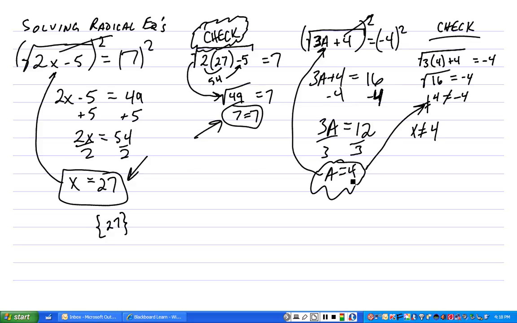We found the 4 here, but when we plugged it into our check, we see that we got something that doesn't work because of what we see right here. Since the only answer we got over here is 4, and we checked 4 and it doesn't work, you're said to have an empty set. And that's how you denote empty set. So the number that you got doesn't work. That's what that means. Alright, a few more.